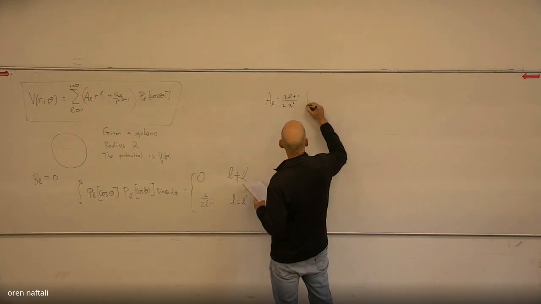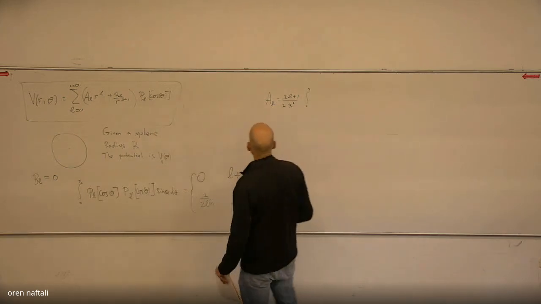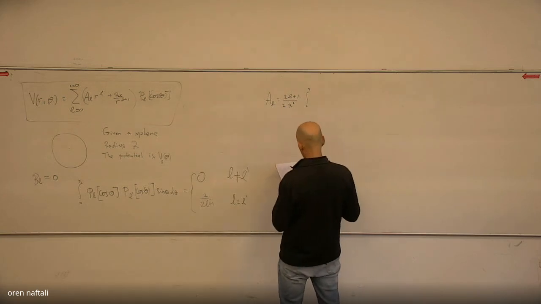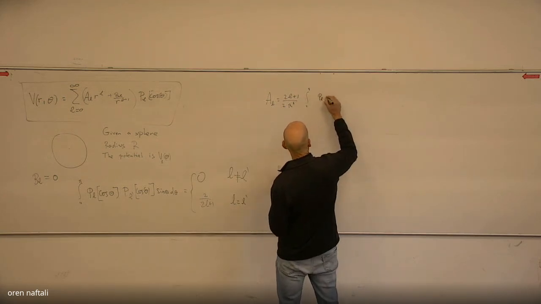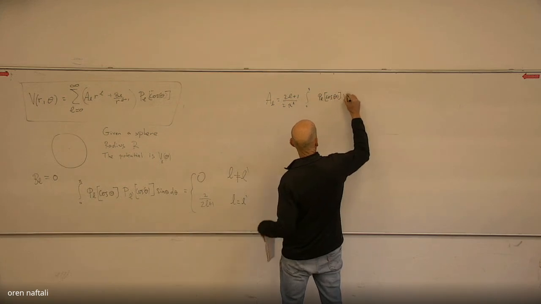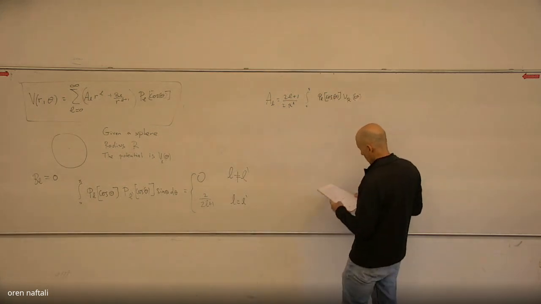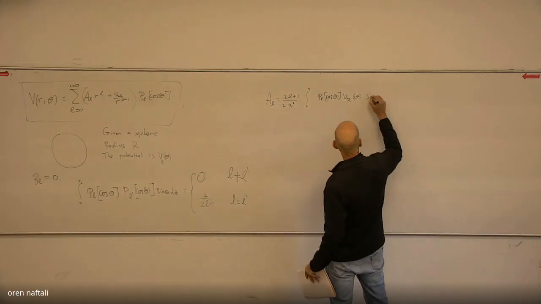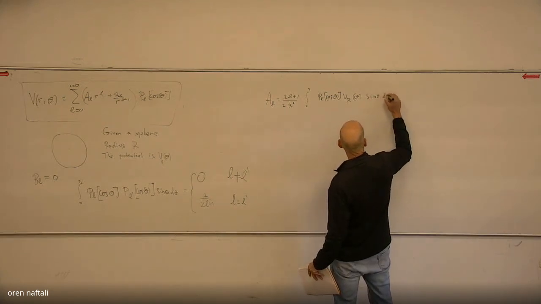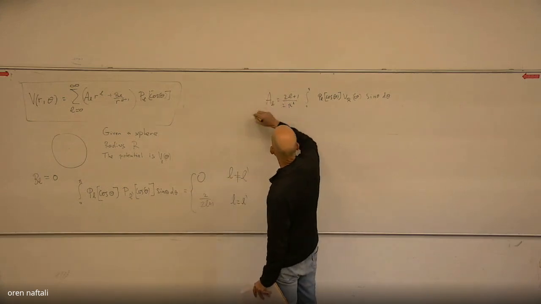Integral from 0 to pi, same as this one. Then you have P_L cosine theta, the potential on the sphere, whatever that is, the boundary condition, sine theta d theta, and this sine theta d theta is the same as this one. So this is the A_L.